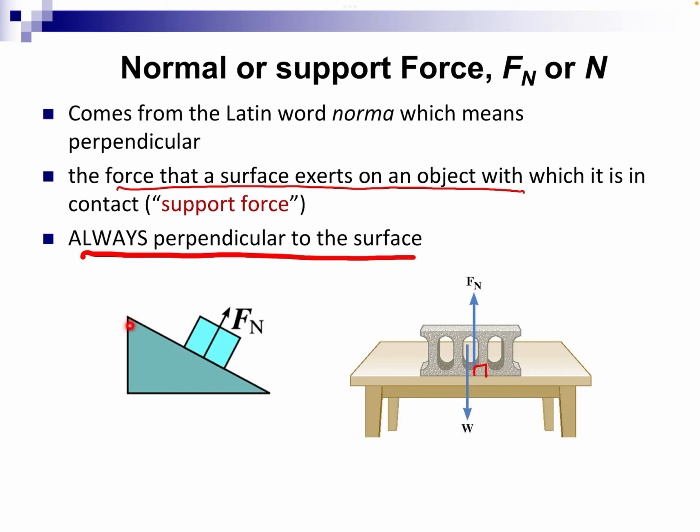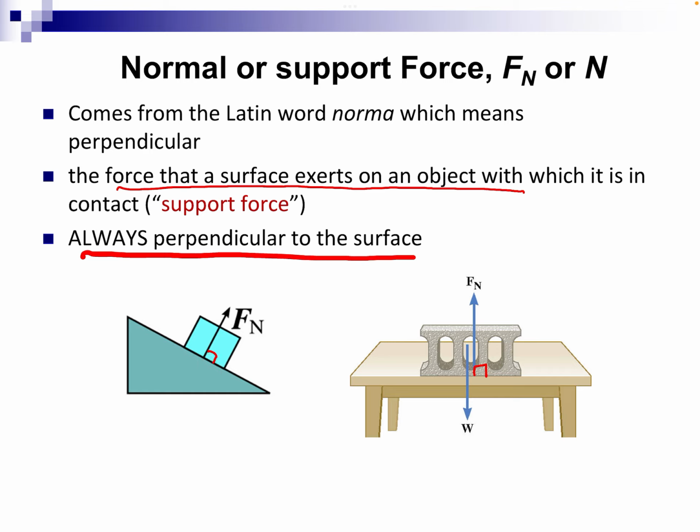But even if the surface is inclined or tilted at an angle as shown by this inclined plane here, the normal force or support force is always drawn perpendicular to the surface that's supporting the object.